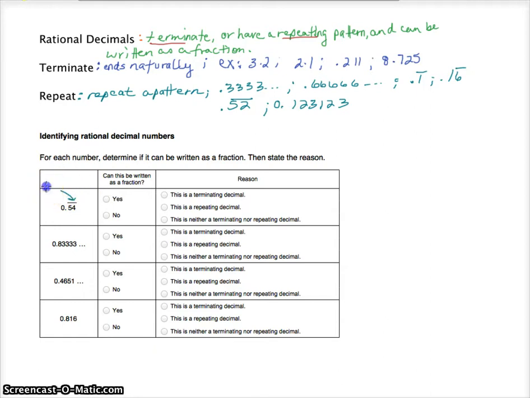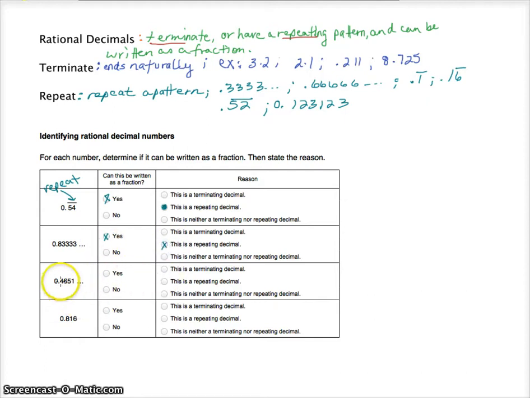It means to repeat. So yes, because it does repeat the pattern, it is a repeating decimal. We have 0.83 repeating. 0.833333 to infinity. It repeats a pattern. The 3 repeats over and over again. So yes, that is a repeating decimal. It can be written as a fraction.